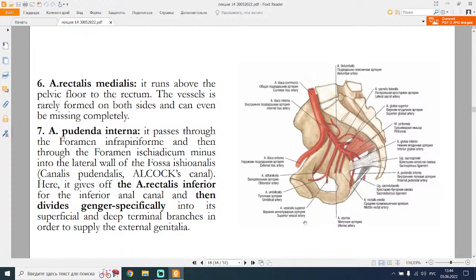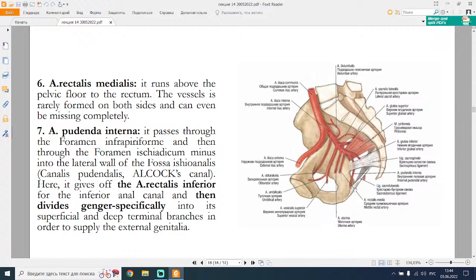Next, arteria pudenda interna. It passes through the foramen infrapiriforme and then through the foramen ischiadicum minus into the lateral wall of the fossa ischioanalis, the canalis pudendalis.